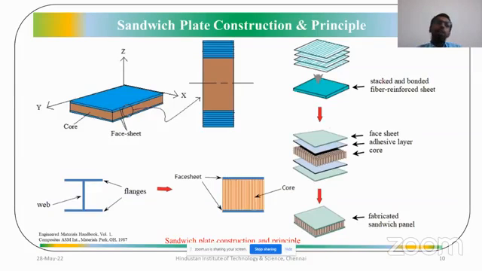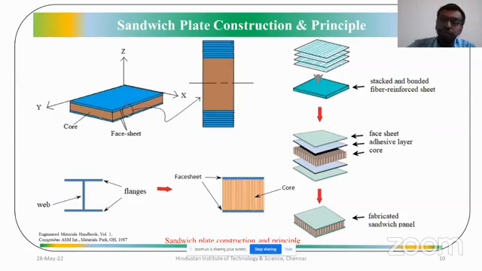Because from the bending formula, sigma by y equals M by I, there is scope of rearranging the material, keeping the height the same, so that the area moment of inertia can be increased, and as the area moment of inertia increases, the resistance to bending will also increase.